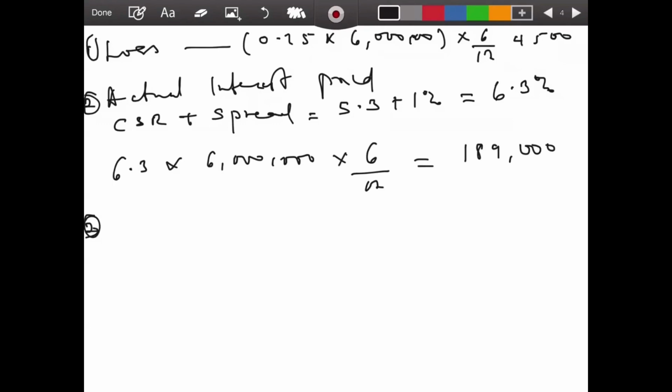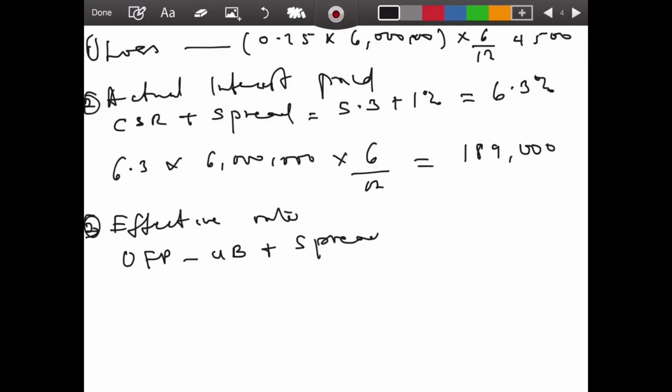So using your lock-in rate, the formula for the effective rate is your opening futures price minus unexpired basis plus the spread.